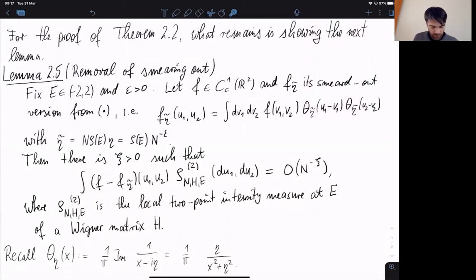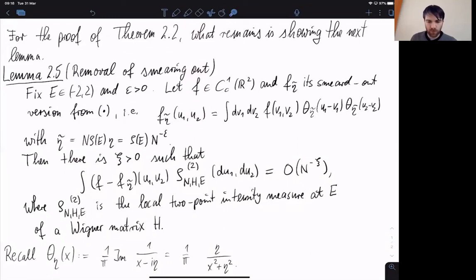The second part is this removal of the smearing out. Remember, we were looking at functions f when integrated against the local, here 2-point, but in general k-point intensity measures. But for the proof of this Green function comparison, it was better to have more smooth or more explicit smeared out versions, f eta tilde.